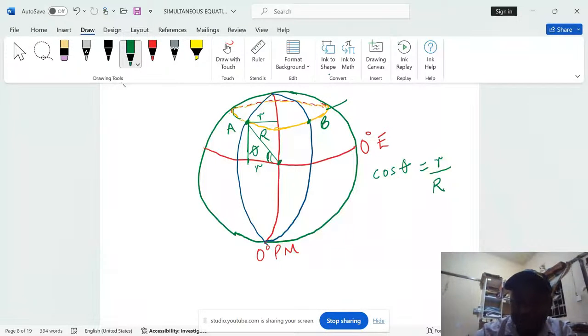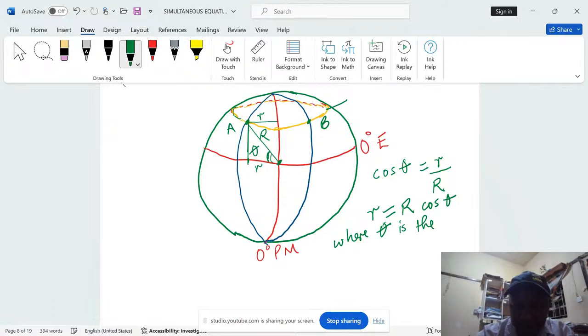With this, the radius of the small circle will be given by capital R multiplied by cosine of theta. Remember, theta in this case is the latitude itself.